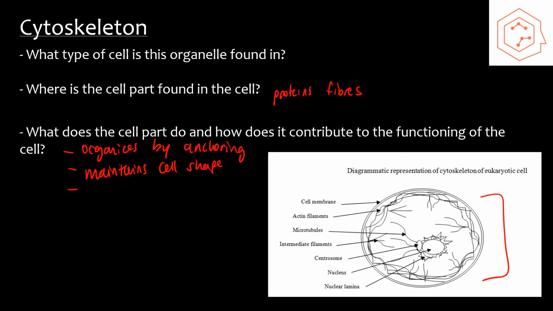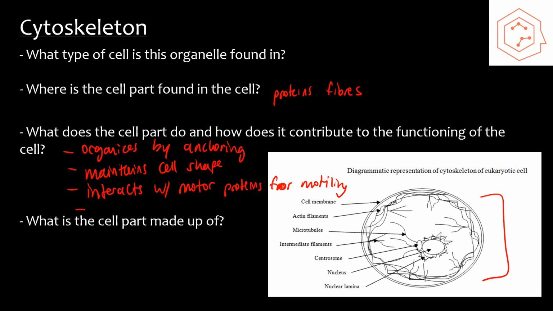It is also able to interact with motor proteins to enable motility. And finally, the cytoskeleton enables vesicles to travel along its tracks. The cell part is made up of actin filaments, microtubules, and intermediate filaments, and a dysfunction leads to Alzheimer's.